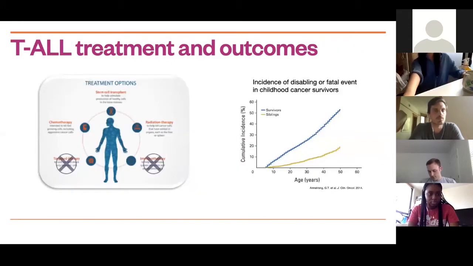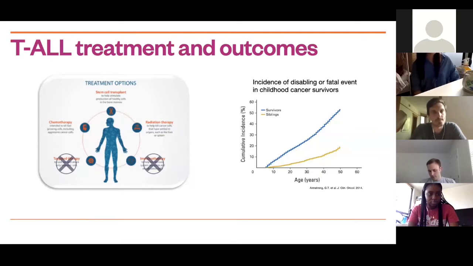So the treatment for this type of leukemia is mostly chemotherapy, and those are just drugs that are highly toxic and meant to kill the tumor cells. Other options are also radiation. In leukemia, that's mostly used for metastases. And as a last resort, there's also the option of a stem cell transplant.